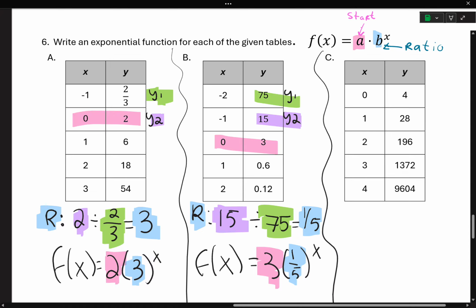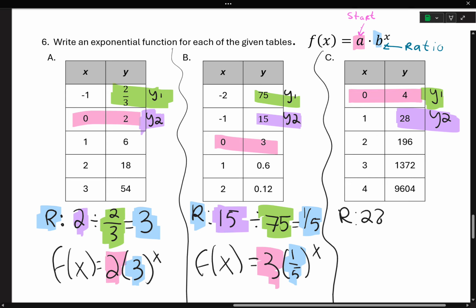Let's try that one more time for letter C. Here's my y-intercept. And now let's identify y1, y2. y2 is 28, and y1 in this case is also 4, just like the starting point.